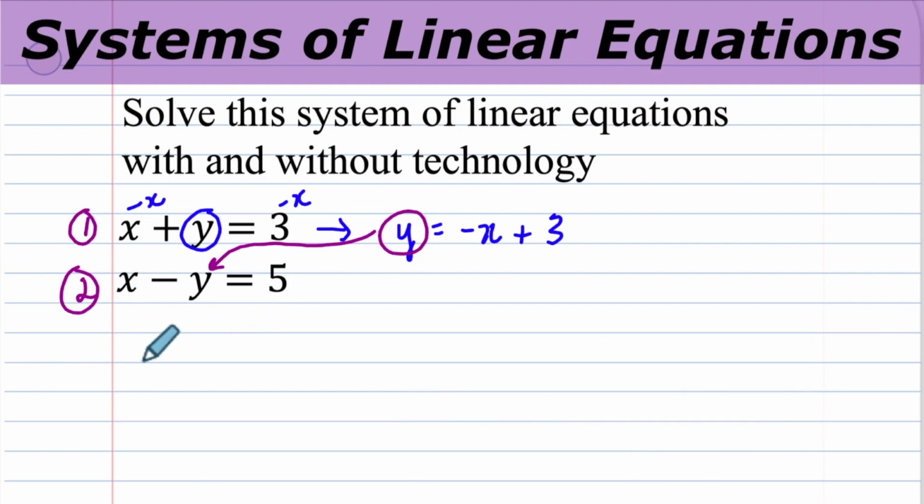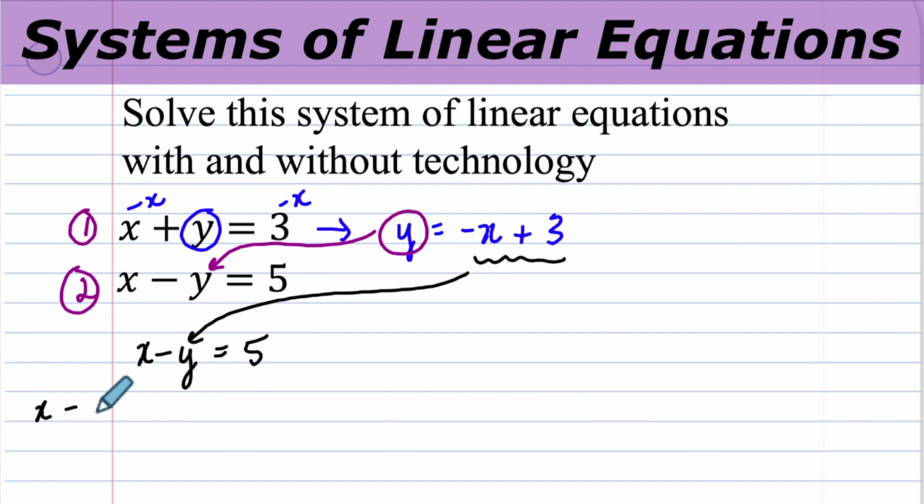We'll take that second equation, x - y = 5. We'll use -x + 3 in this spot. We'll have x - (-x + 3) = 5. We have a negative 1 on the outside of this bracket.